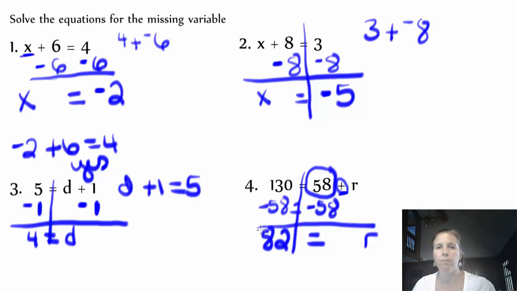Nope, 72. See? Even I mess up sometimes. You guys have seen it a lot. So 72. See, I went back and checked. There you go. So 72, and it's going to be positive because the 130 is positive. Okay, so, moving on.